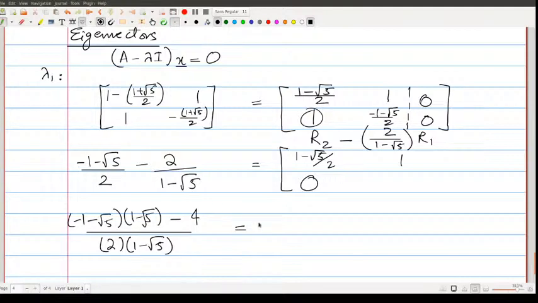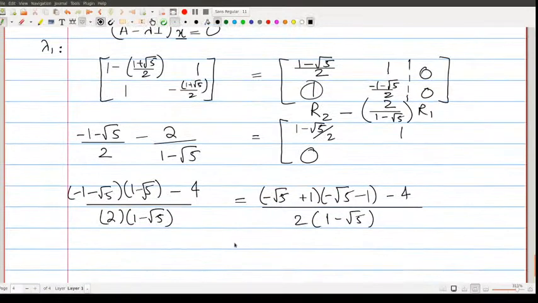So what do we get here? This is a minus b, and a plus b, right? So I can write this as minus square root 5 plus 1 and minus square root 5 minus 1. So this is a plus 1 and a minus 1 minus 4. I think we might just get this to be 0. And what do we have here? This can be written as a squared minus b squared, right?